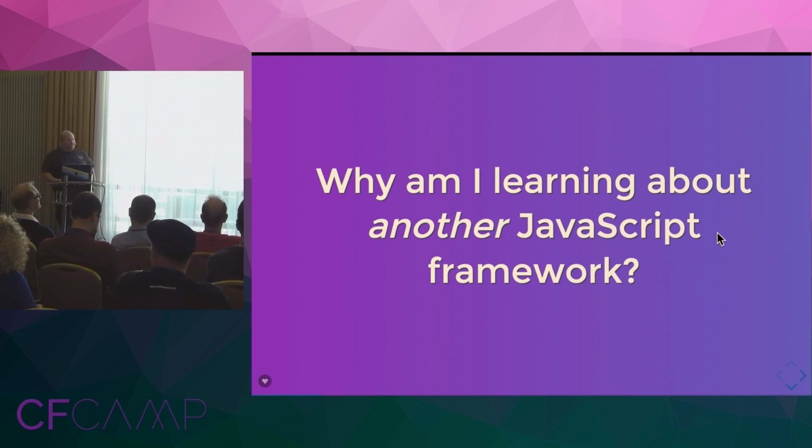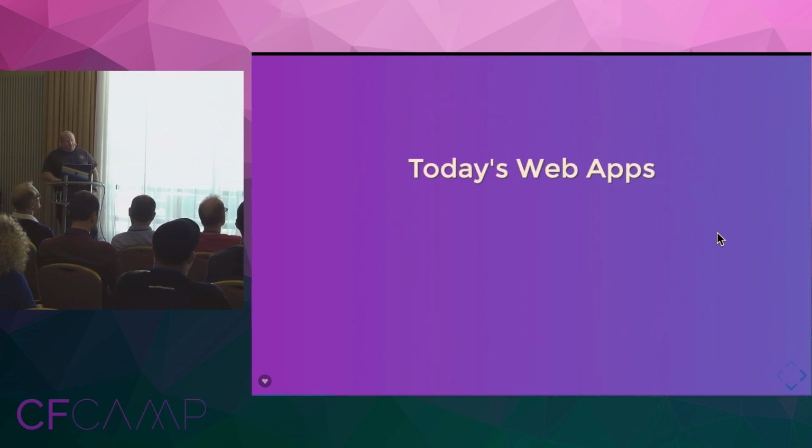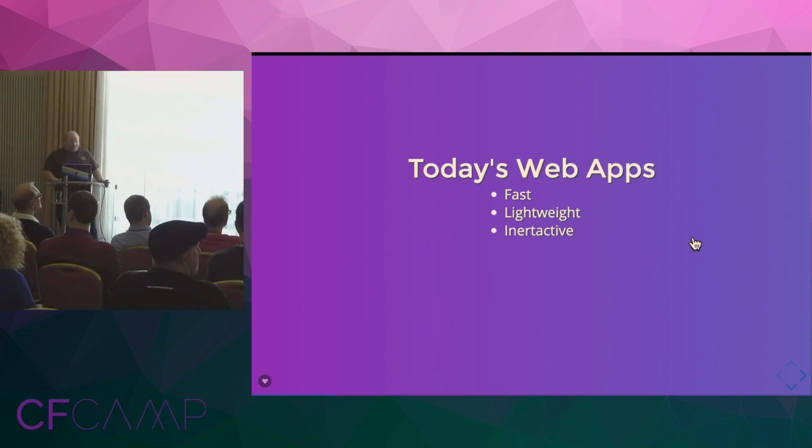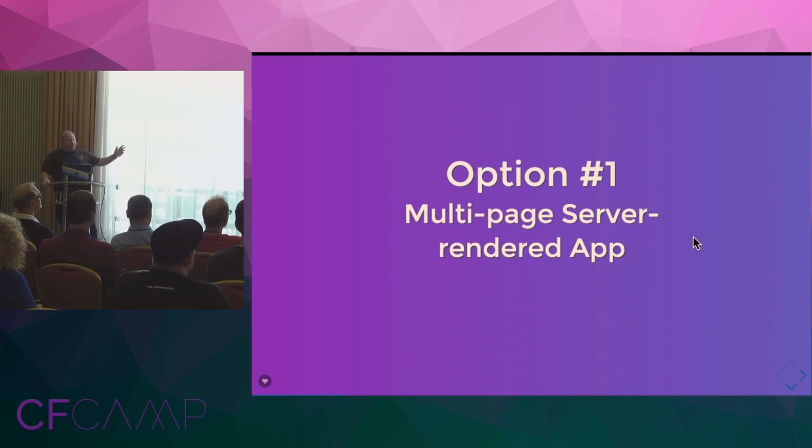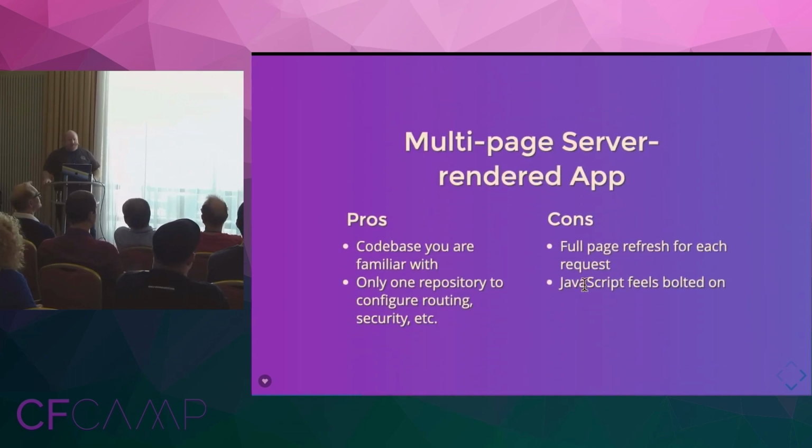So before jumping into its characteristics, let's talk a little bit about what we are looking for in today's web apps. We're looking for something that's fast, something that's lightweight, something that's interactive. And we have a few options. The first is our tried and true, and if there is a better way to say this, multi-page server rendered apps. This is our ColdFusion servers, right? This is our request response lifecycle, where we have a full page refresh every time that we have a URL come into our server.